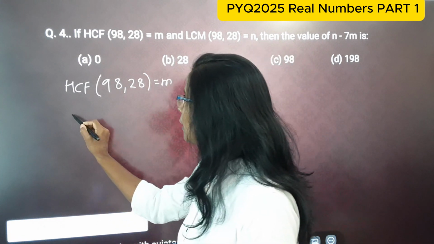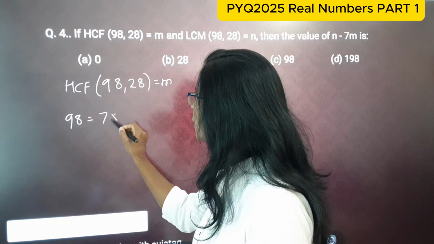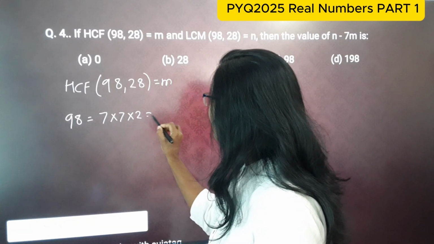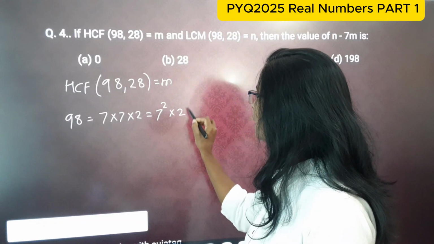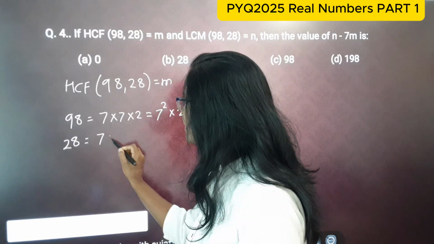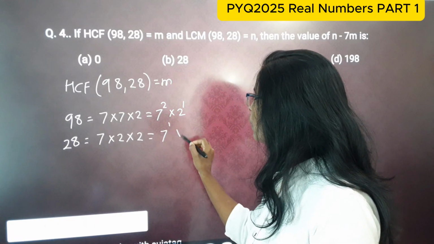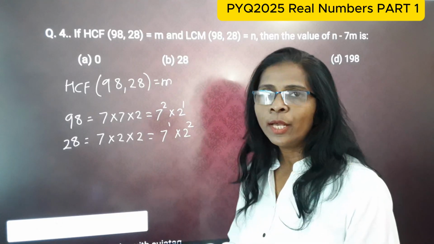The factorization of 98 is 7 sevens are 49 multiply 2, that means 7 squared multiply 2 raised to 1. And the factorization of 28 is 7 twos are 14 and 14 twos are 28, so 7 raised to 1 multiply 2 squared.